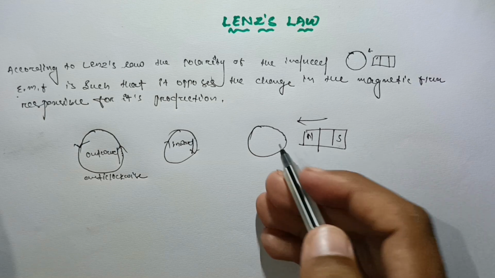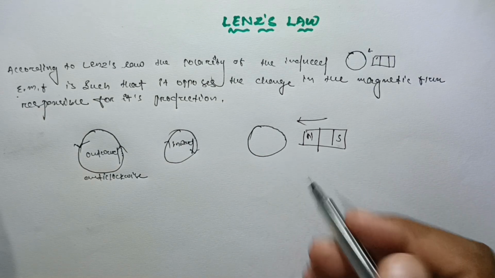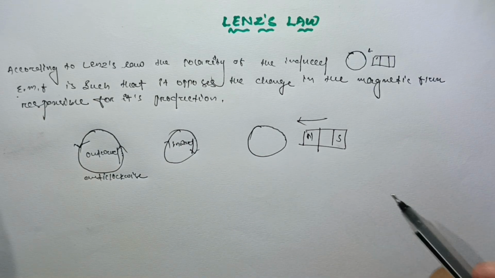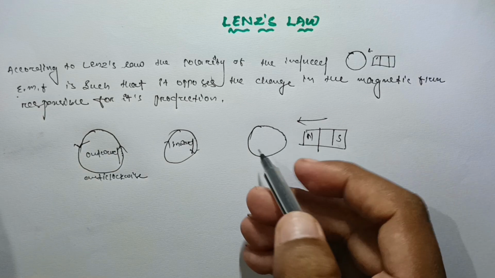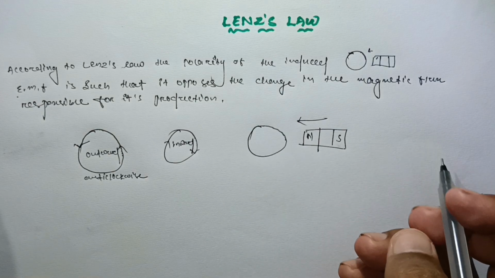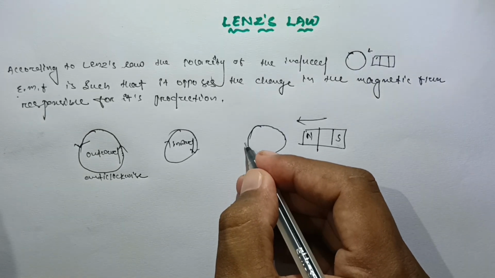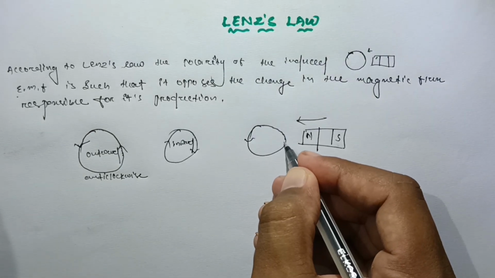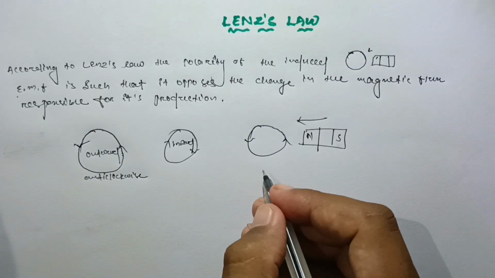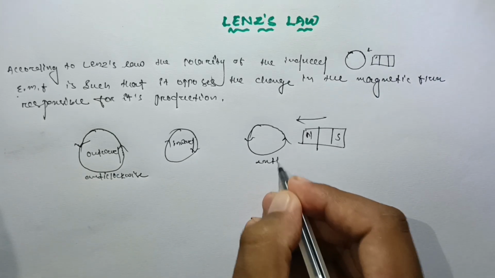So if there is a north pole, then it should be outward, that is anti-clockwise direction, right? So the direction will be anti-clockwise.